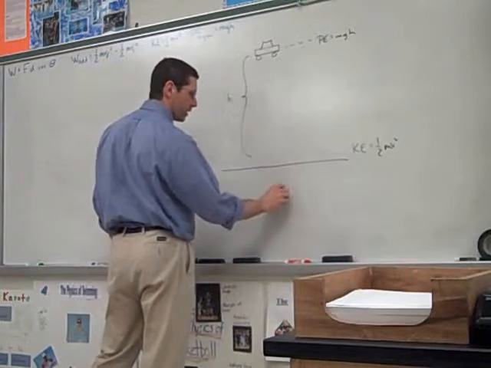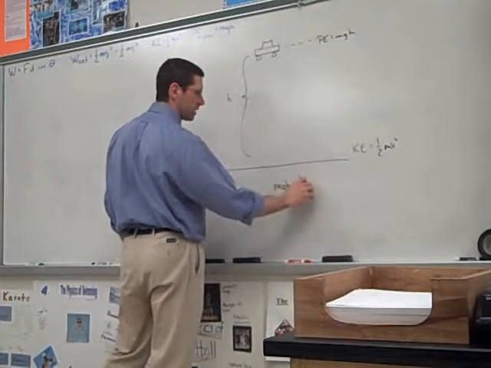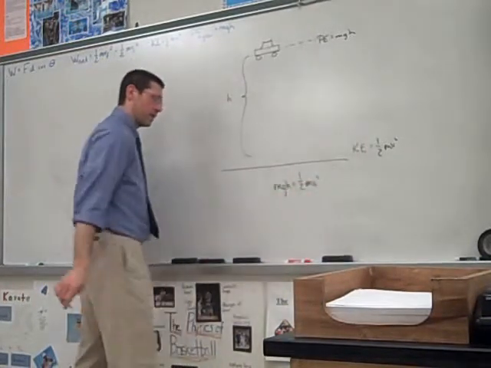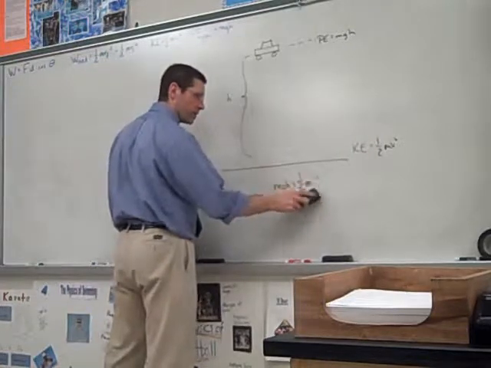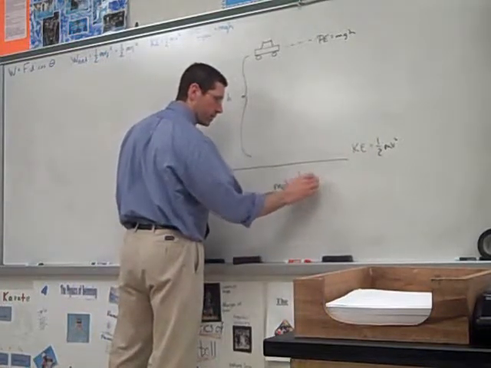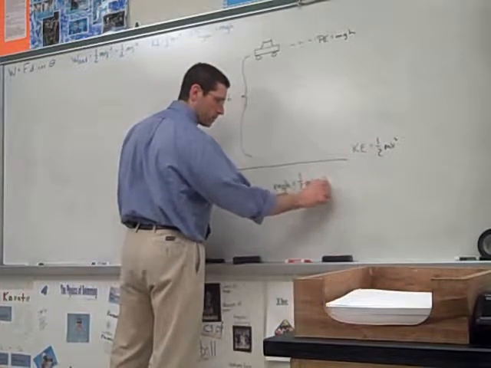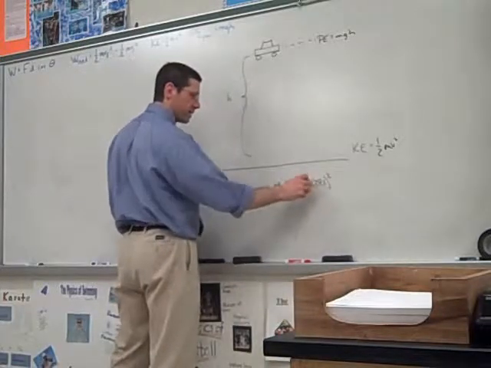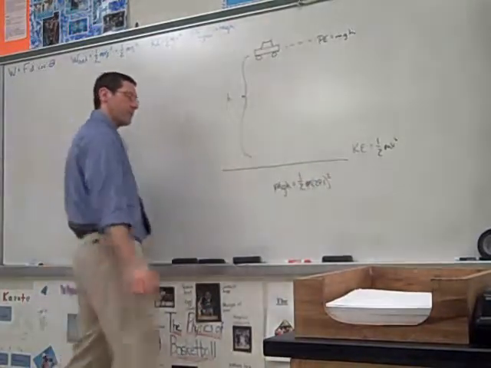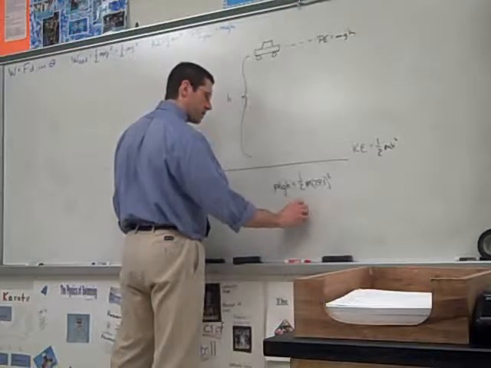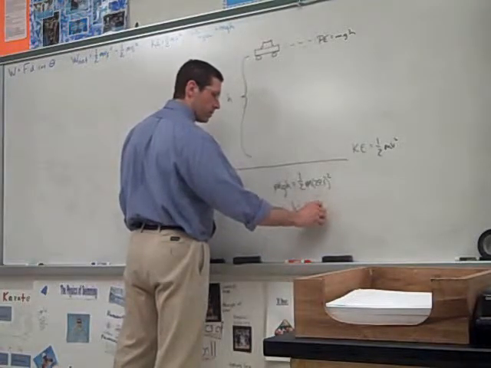So really, mgh becomes the kinetic there. And we know we want it to be moving at 29.1. Masses cancel, that's why I didn't give it, because you don't need it. And now you solve for h, you get 43.2 meters.